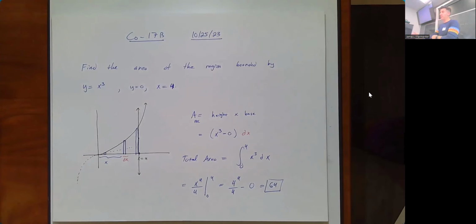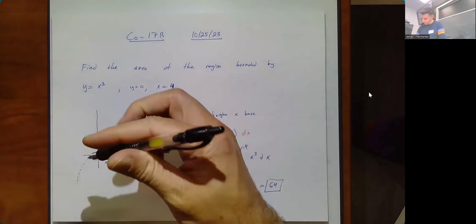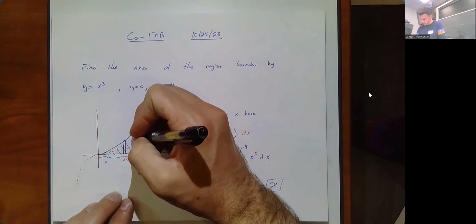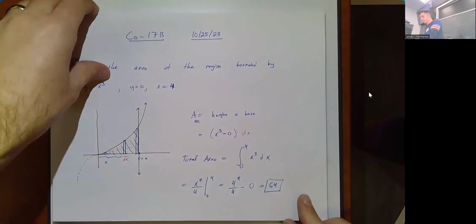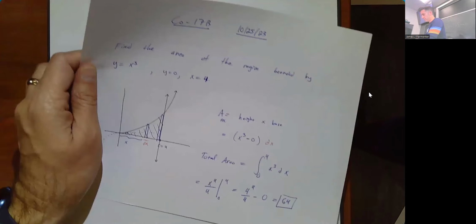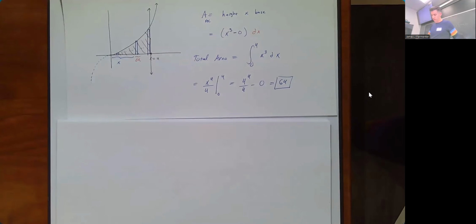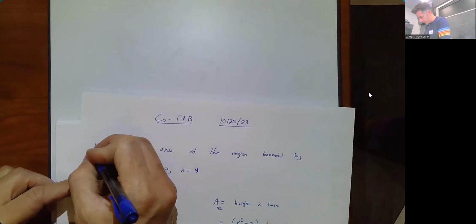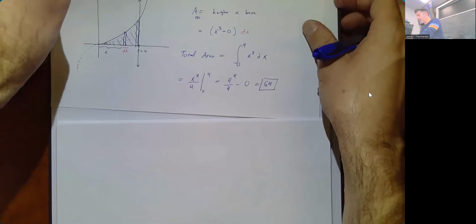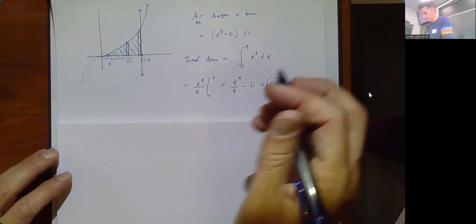Now, what I want to do is take this region here and find the volume that I get if I revolve that region around the x-axis. I'm trying to be better about numbering things. It's probably not going to last, but I'm trying.